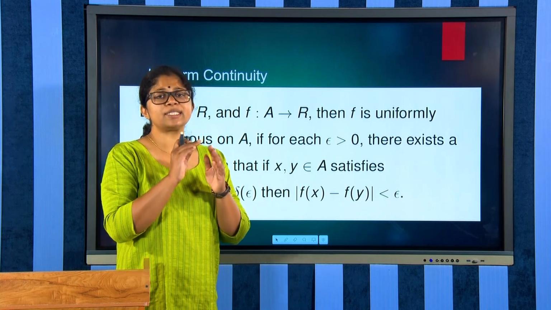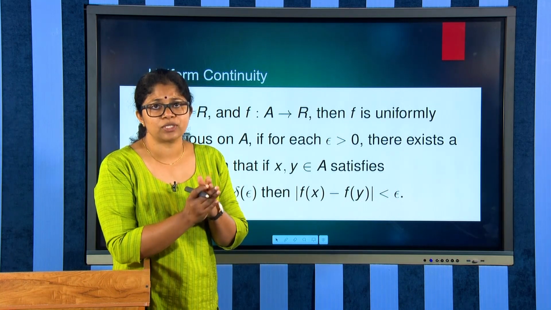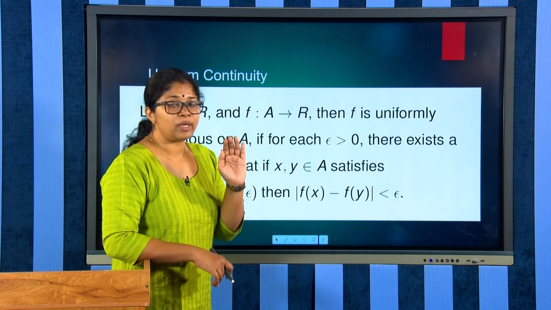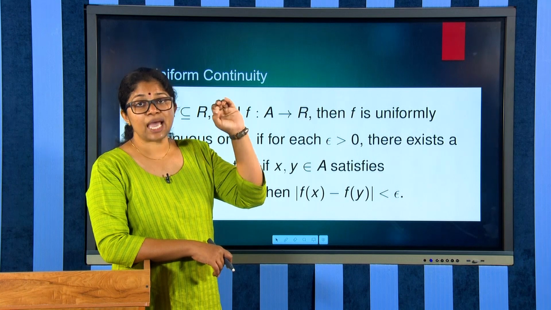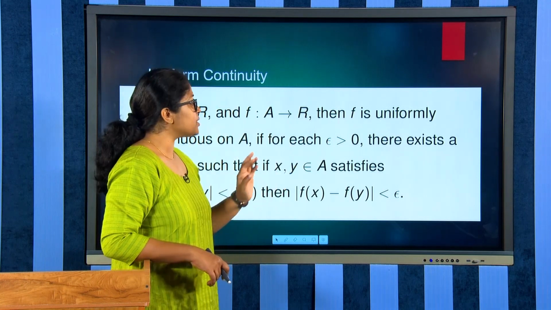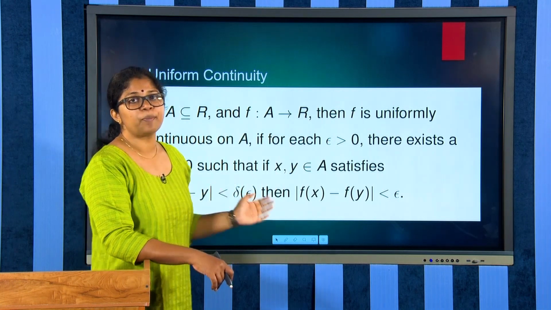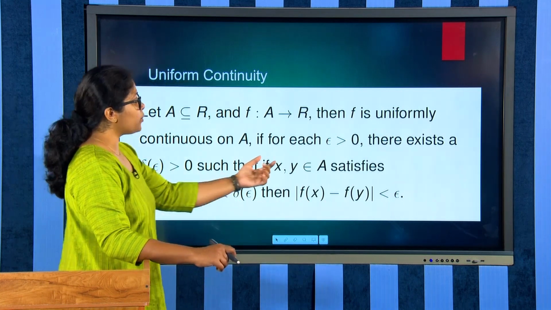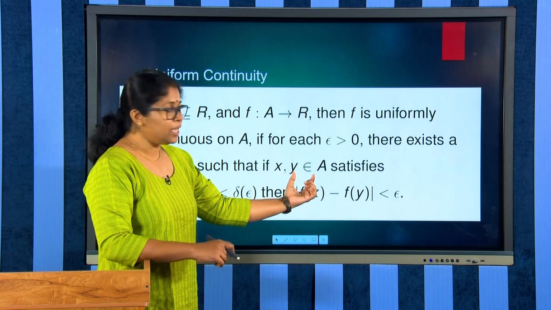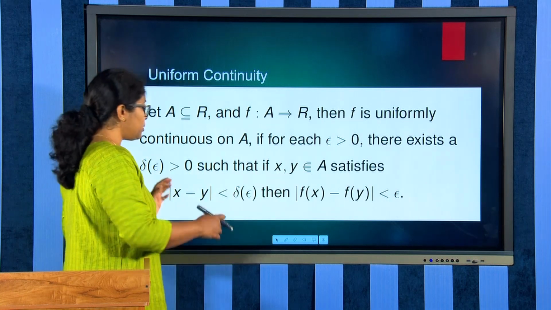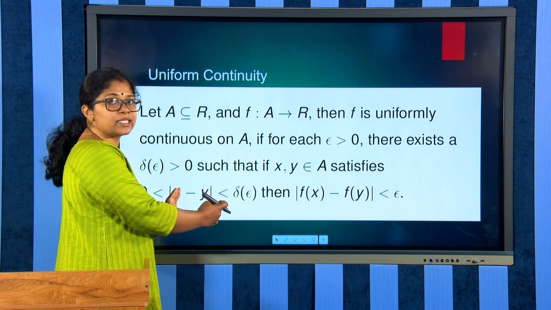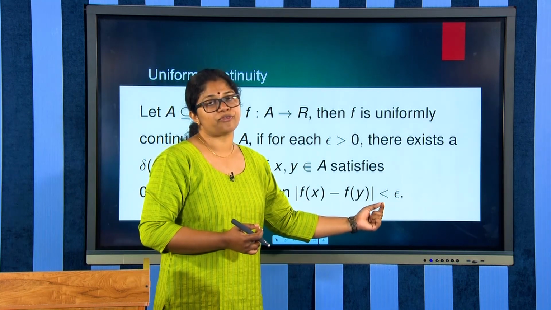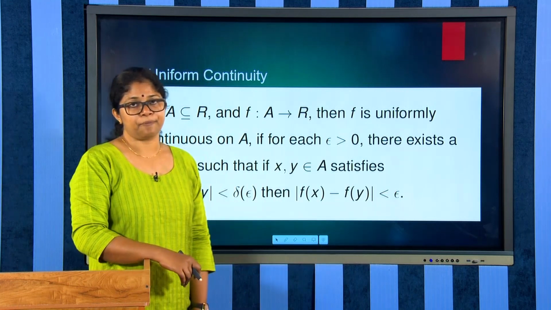So there is only a slight difference in the definitions of continuity and uniform continuity. In the case of continuity, we had defined continuity at a point, whereas in the case of uniform continuity, the points are irrelevant. That is why we are taking any two points x and y which satisfy the condition 0 less than modulus of x minus y less than this delta, and modulus of f of x minus f of y should be less than epsilon.